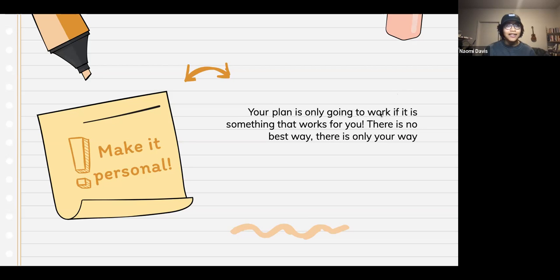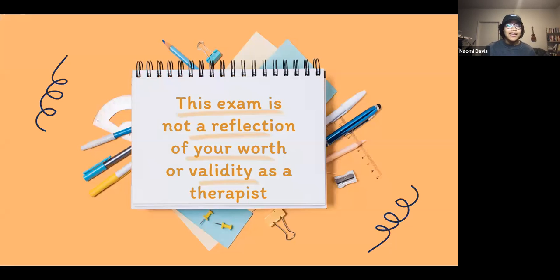And finally, something I always remind folks when they're getting ready to take this exam for the first time or the fifth time is, I know it can be really frustrating to take this exam more than once and not pass it. And I know that it can feel really disheartening.